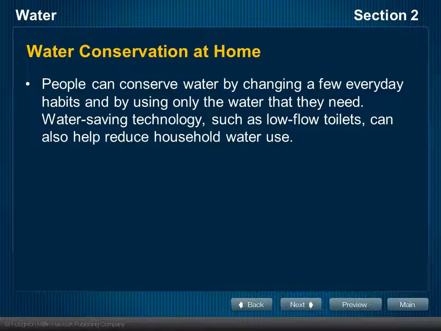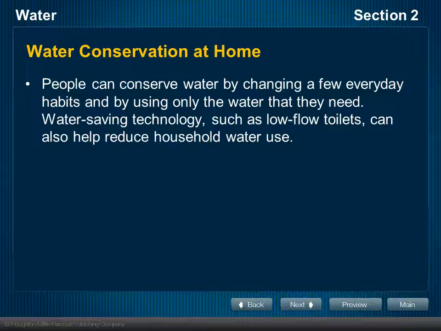At home, as I said, this is about individual habits, creating and using low flow toilets, low pressure shower heads. As I told you guys in class, when I was growing up, the rule in the house was when you're taking a shower, you turned off the water to wash.